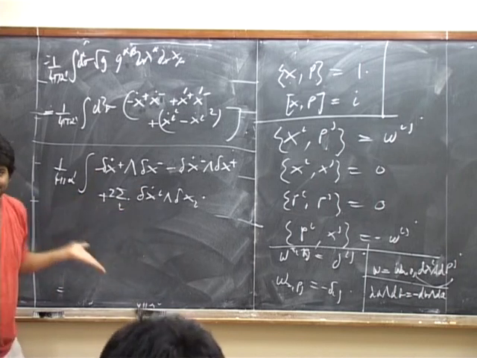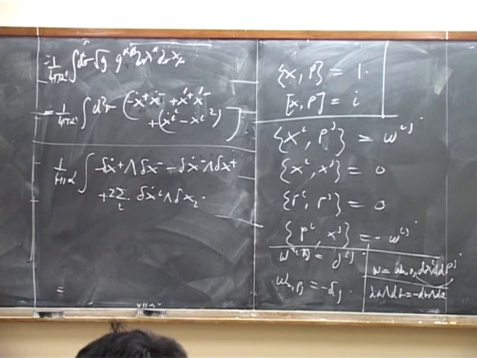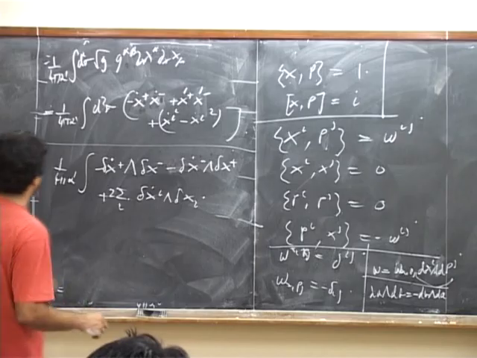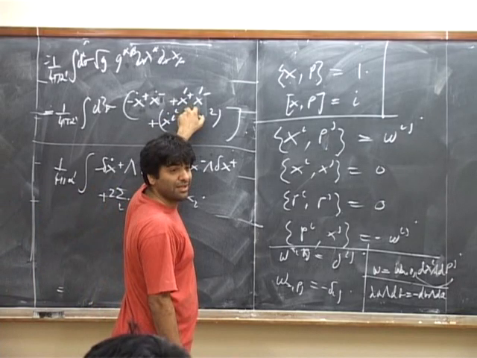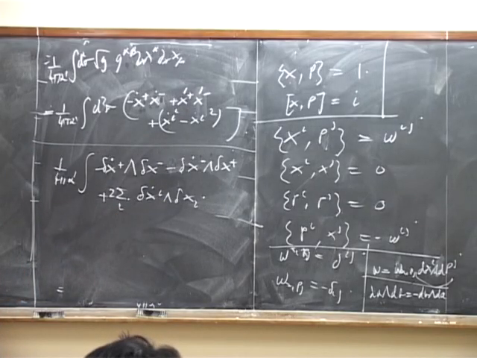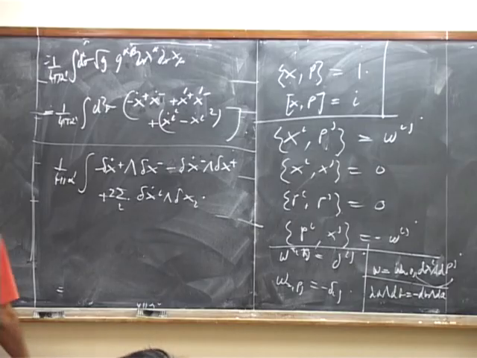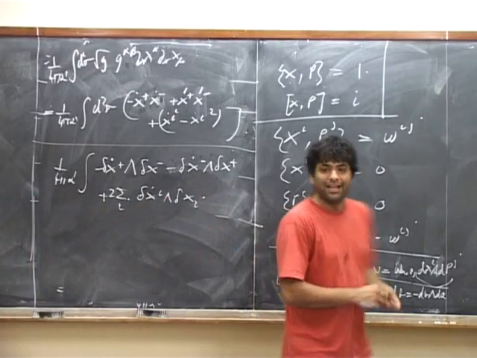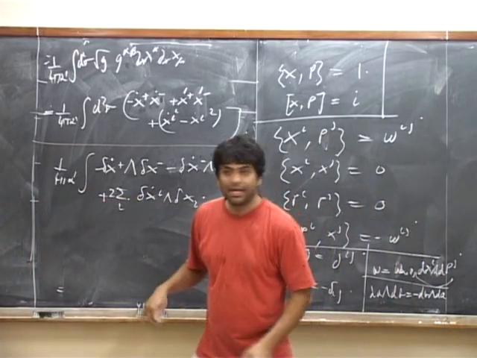That's all that is saying. It's standard canonical quantization. X plus doesn't contribute to the symplectic structure because the symplectic structure only involves the momentum, which is the derivative with respect to time. Anyway, now this is formally correct.